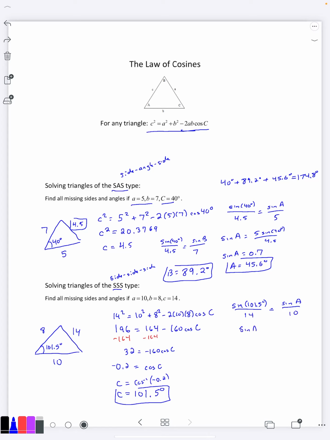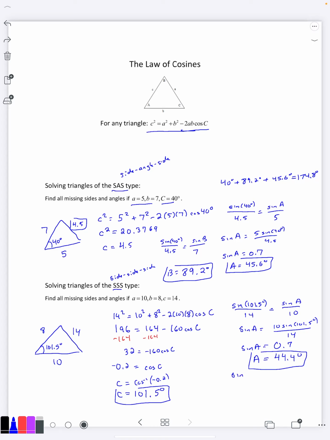So we'd have sine A is 10 sine 101.5 divided by 14, and sine A is going to be like 0.7. If we do our sine inverse now, we get 44.4 degrees.